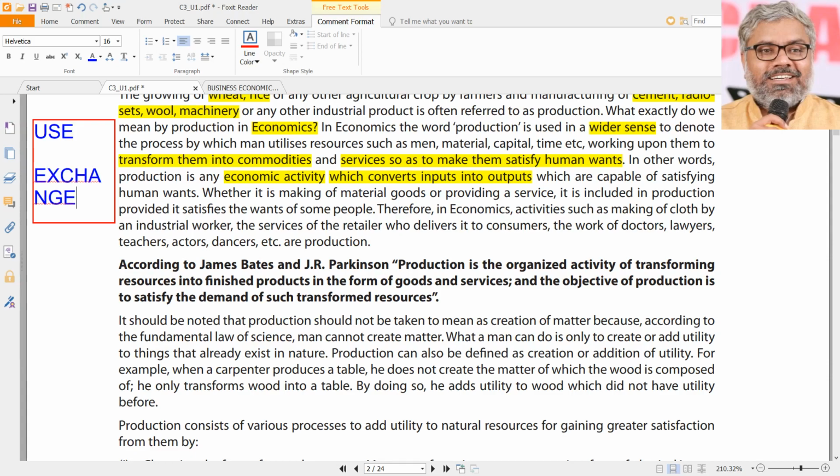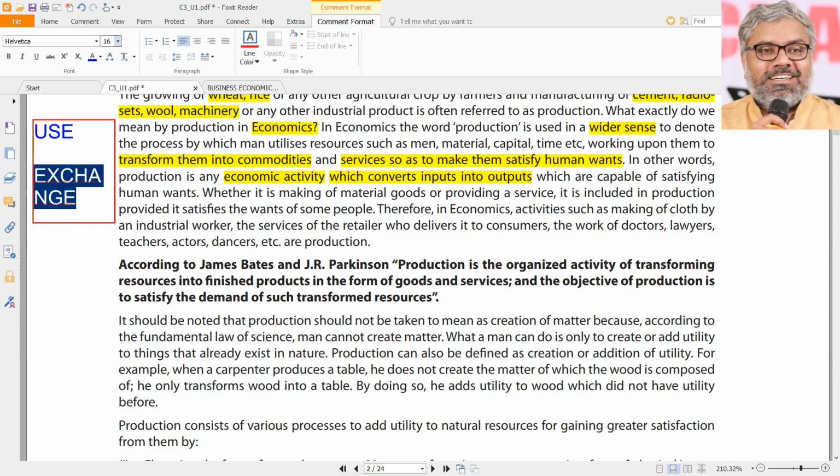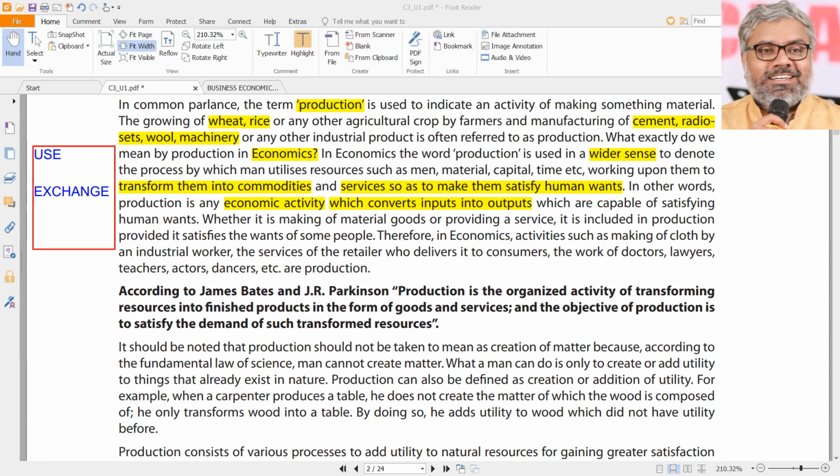Only an activity that generates exchange value can be called an economic activity. What generates only use value cannot be called an economic activity. That is a point to be noted here. Use value and exchange value both will be there for any commodity, but just having use value is not an economic activity, while creating an exchange value is.